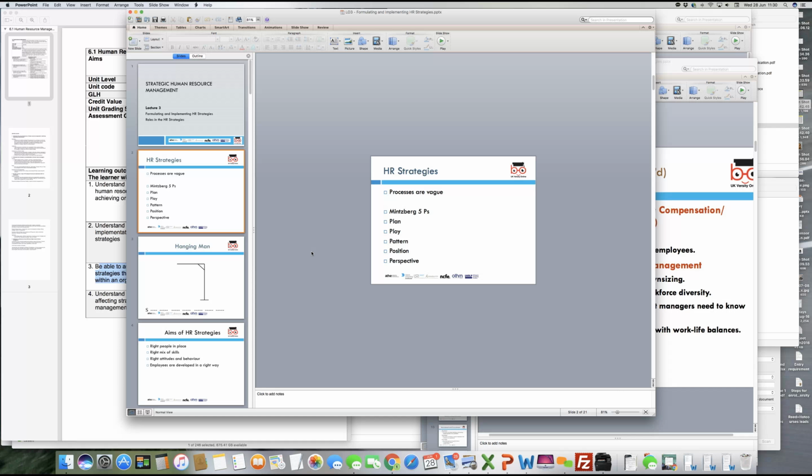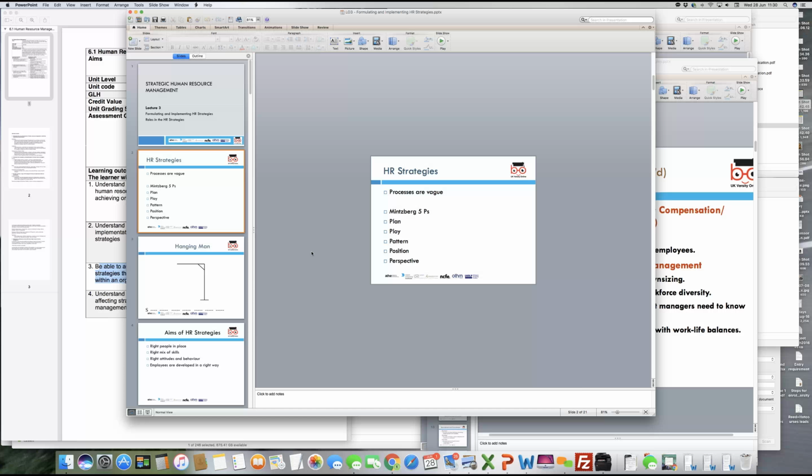As a result of his study, he proposed 10 different roles which managers can adopt while working within the organization, and he divided them into 3 categories: interpersonal roles, informational roles, and decisional roles. In each of these roles, he proposed that the manager should put the 5 Ps model to work.